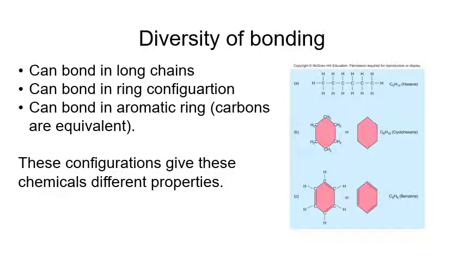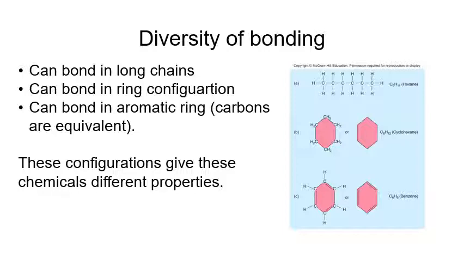Here we go from hexane, which is basically a linear molecule, to cyclohexane, which is a cyclic compound, and then cyclohexane to benzene. What's the difference between these two? It is just double bonding. This gives it what's called aromatic, and this gives it different properties.